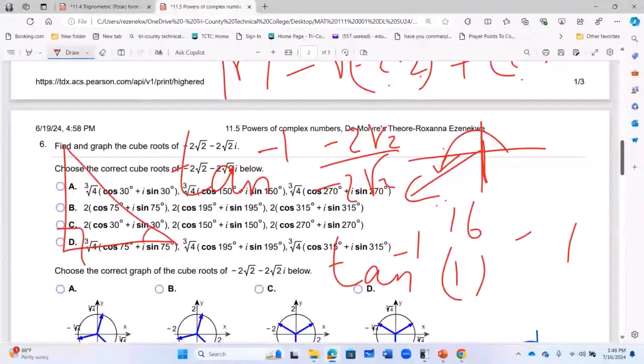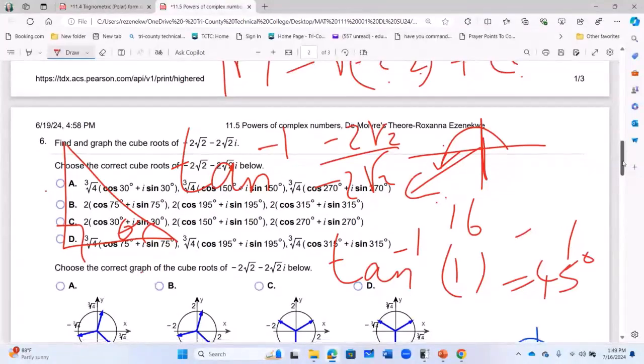If I'm talking about this angle theta, it is opposite over adjacent, so 1 over 1, and so that is 45 degrees. And since the angle is in the third quadrant, it is 180 plus 45, 225 degrees. So 225 degrees is the angle. So the first angle there is 225 degrees.